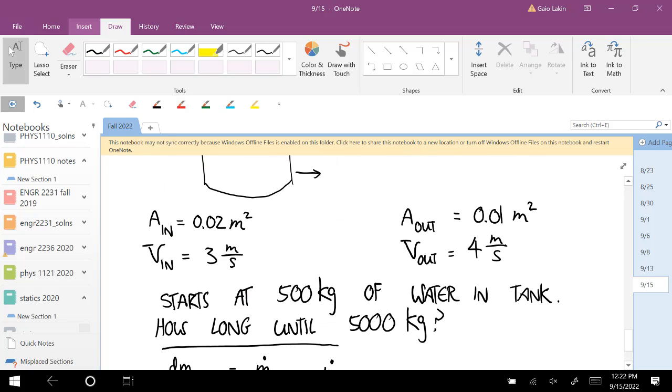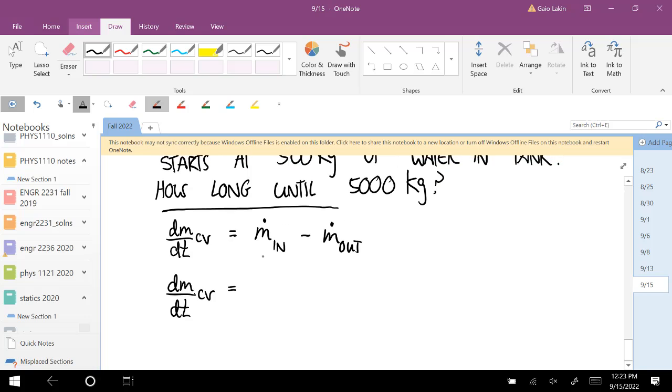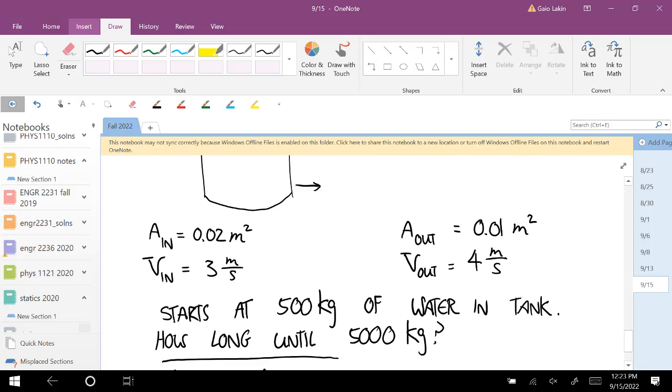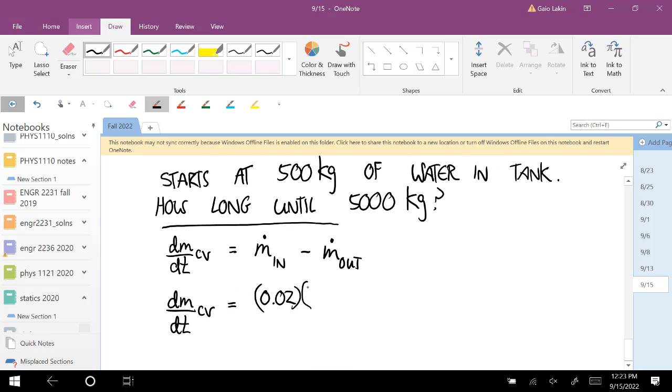This flow rate in is the area, 0.02, times the speed, 3 meters per second, divided by 1 times 10 to the minus third. That's the specific volume.